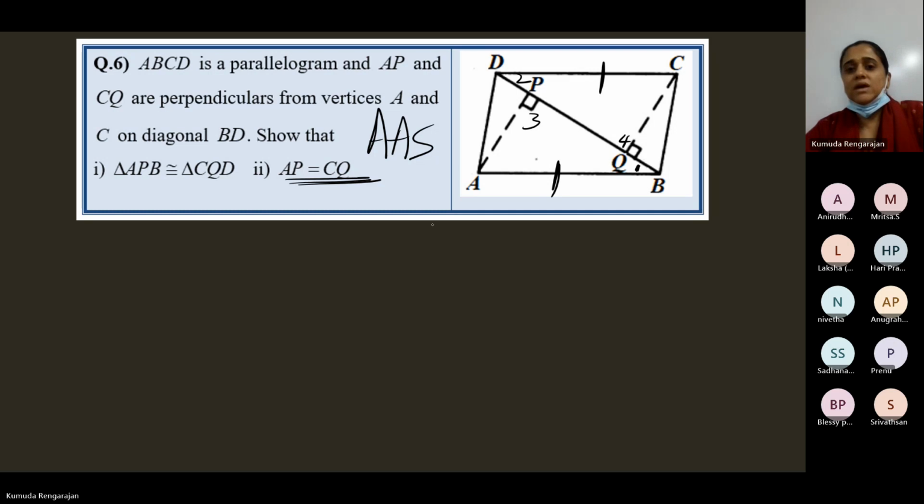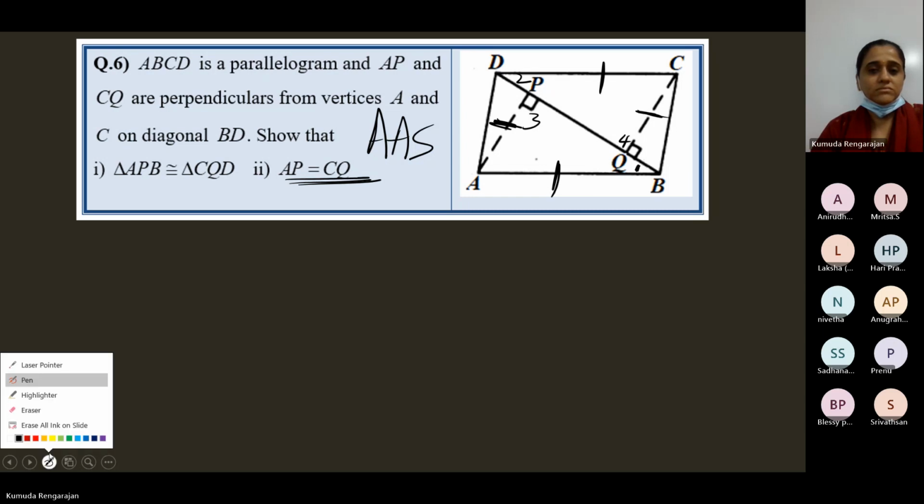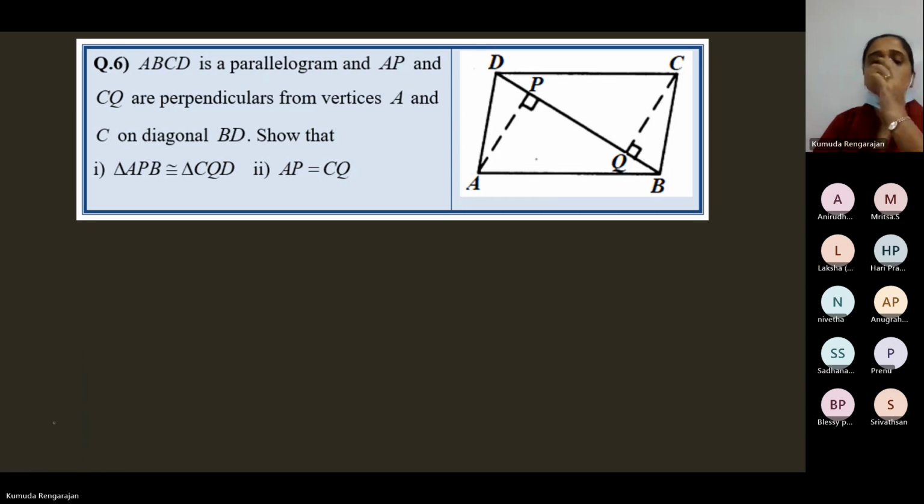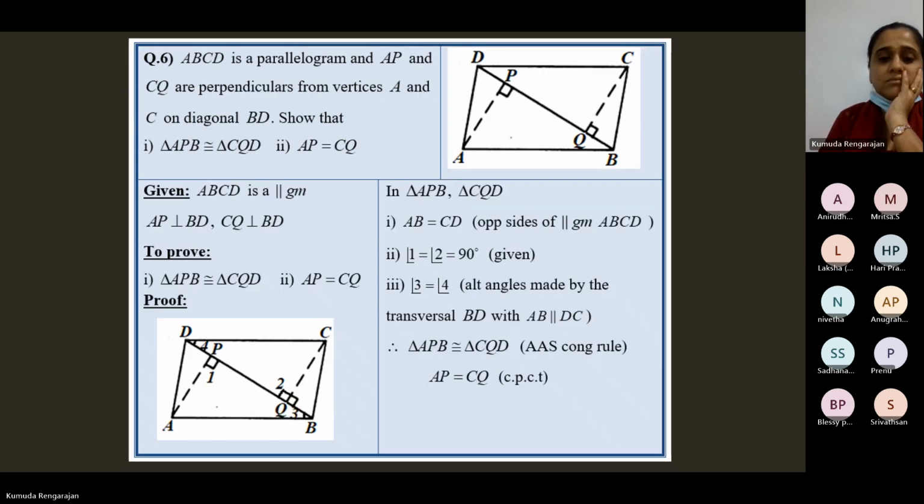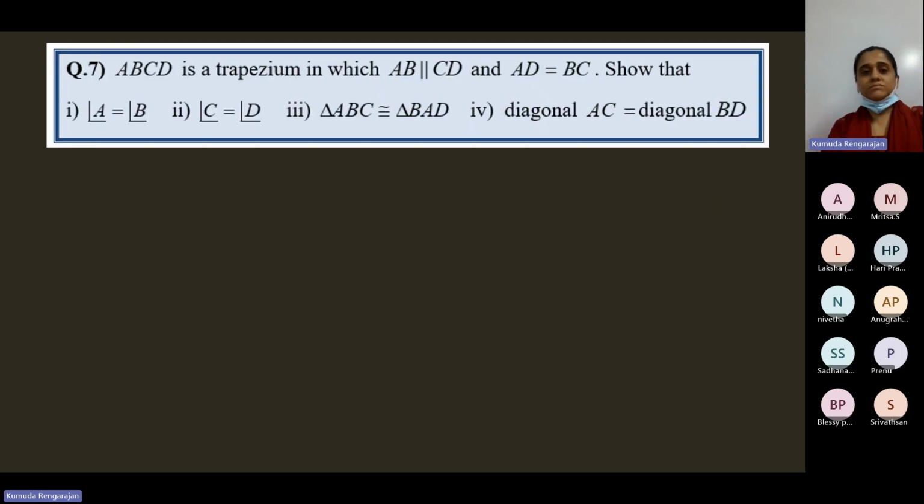The perpendicular AP is equal to the perpendicular CQ. CPCT. That's what you have here.